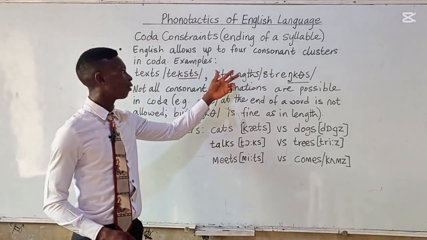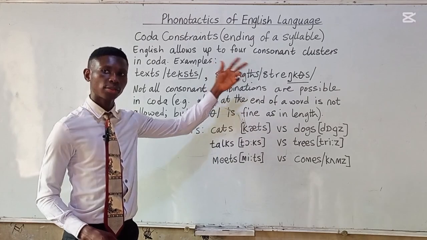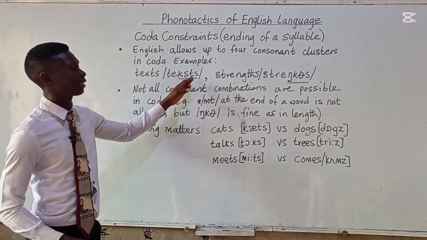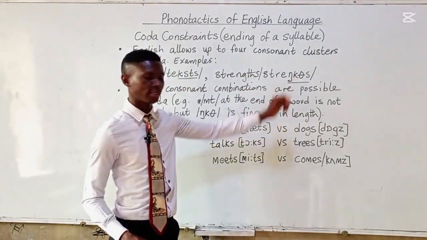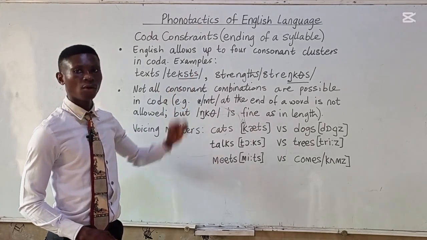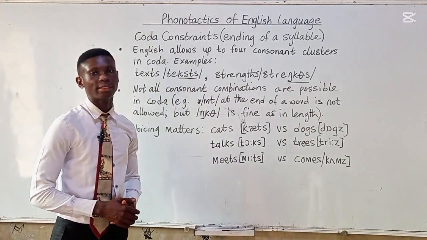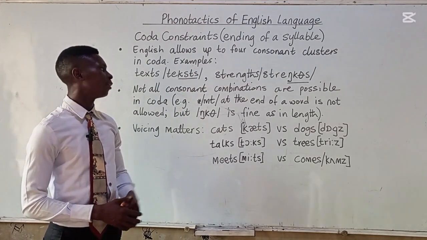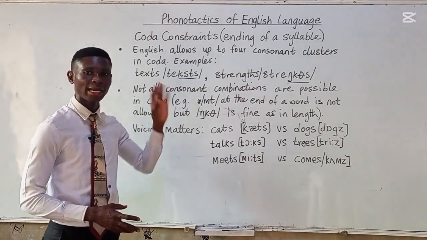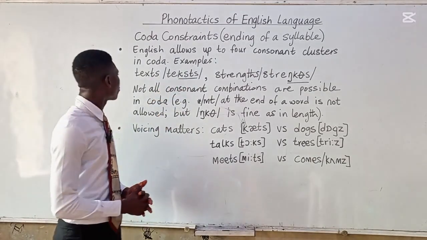The same thing with strengths. So these are consonant clusters. You can only have the limit of 4 consonant clusters in the English language. No word in English has more than 4 sounds at the end of a syllable.